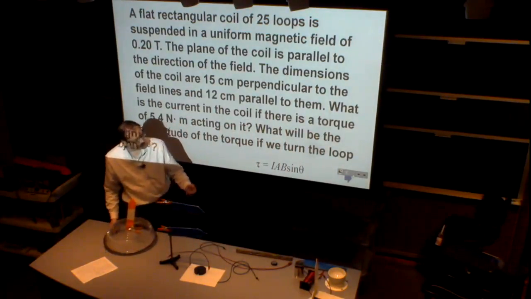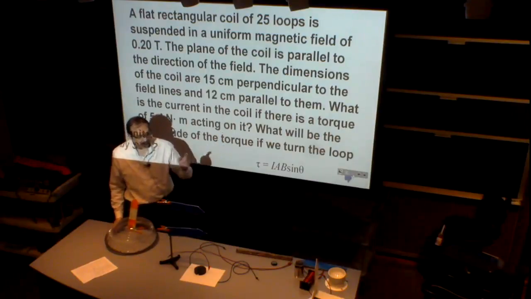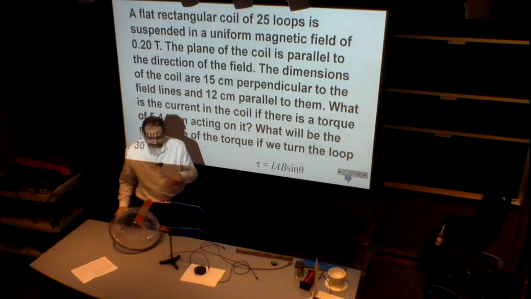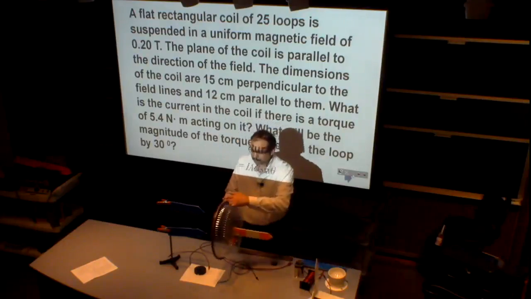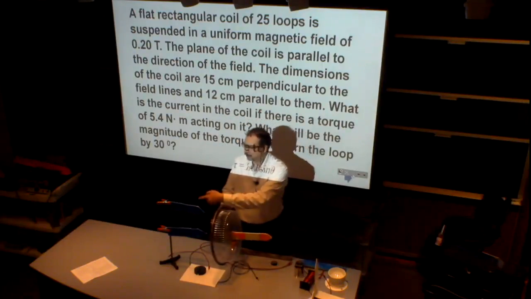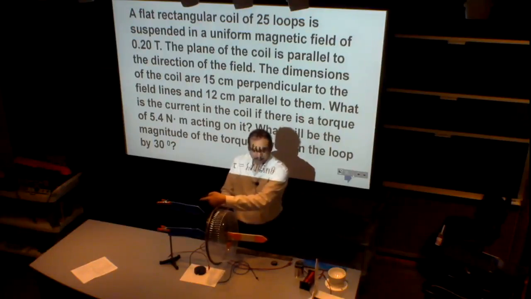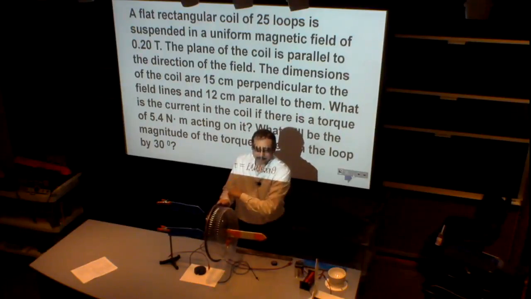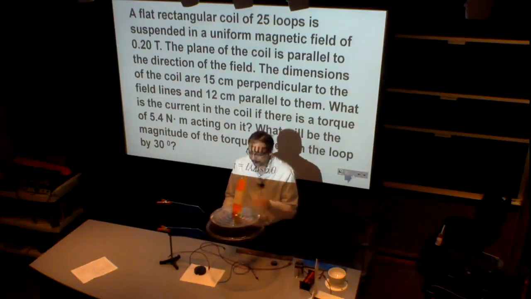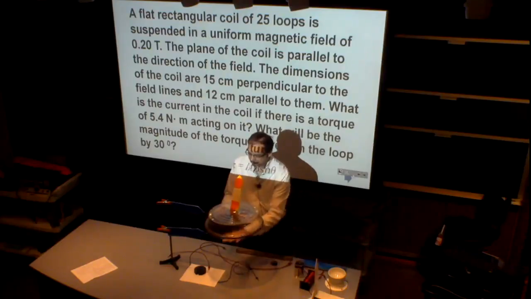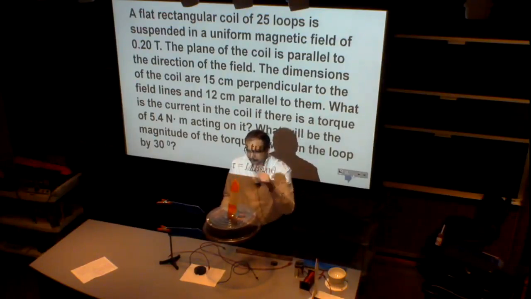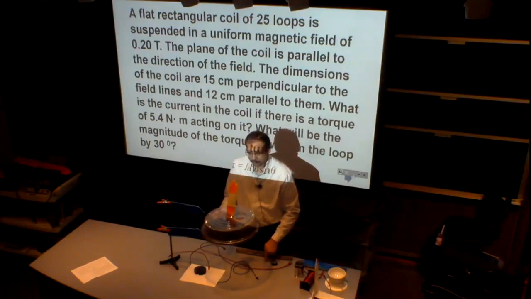In this situation, the information is not about the area vector, it's about the loop. Here, the loop is perpendicular to the magnetic field. Torque equals what? Zero. But now the loop is parallel to the magnetic field. The plane of the loop is parallel, but the area vector makes it perpendicular.